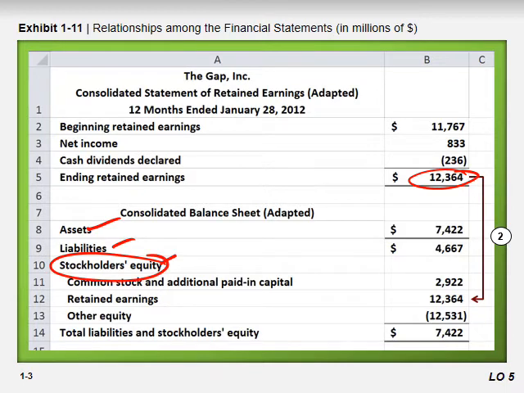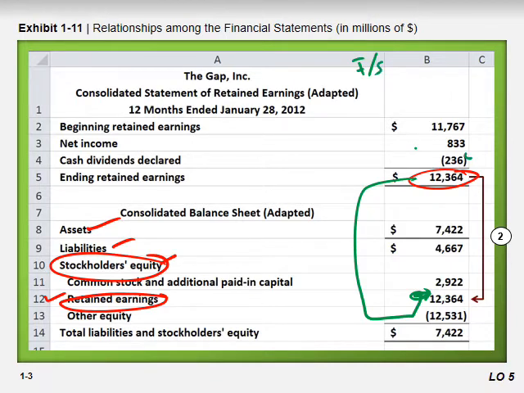In stockholders' equity there is retained earnings, so this amount goes to the retained earnings in the balance sheet. It means first you make the income statement, then the retained earnings statement, and then the balance sheet.